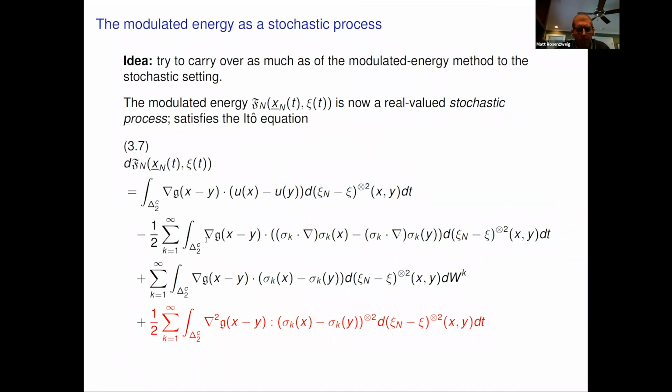My apologies, this first term, you can forget about it. This is the same as in the classical case. We know how to estimate this because we can apply the estimates we had before pathwise in the realization of the noise. The second term here, okay, this is new, but again, this is very similar to what's up here.